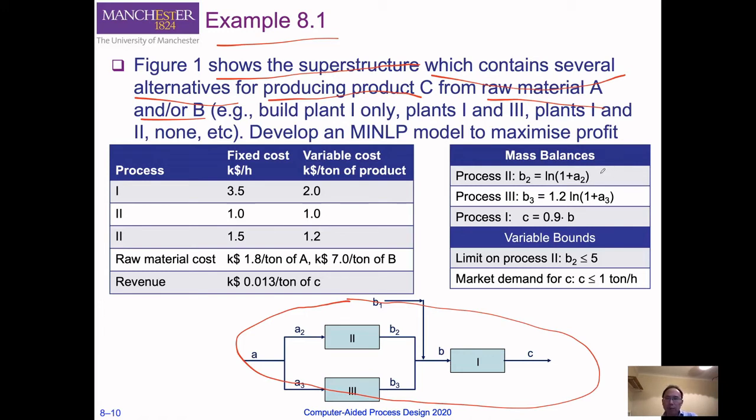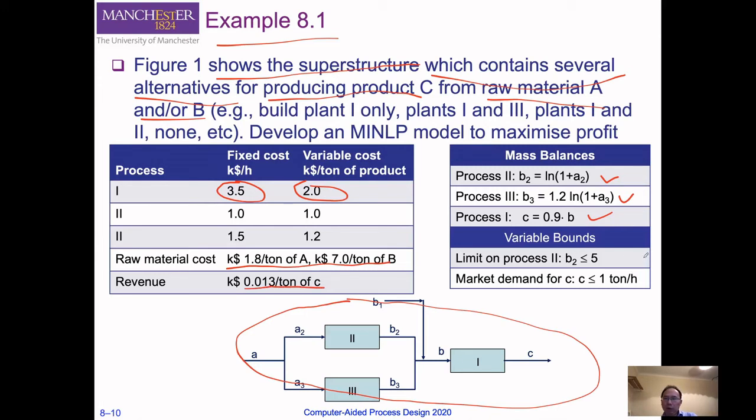For instance, the mass balance in each plant is given, and also for each plant, the operating cost is also given, which includes a fixed cost and a variable cost. The raw material cost is also given, and the revenue, the price of the product C, is also given.